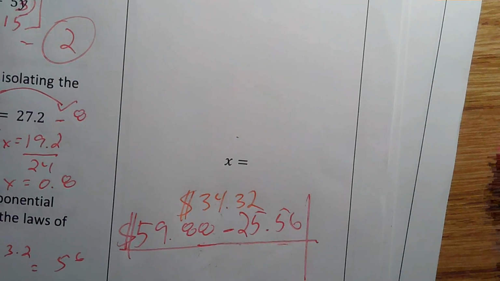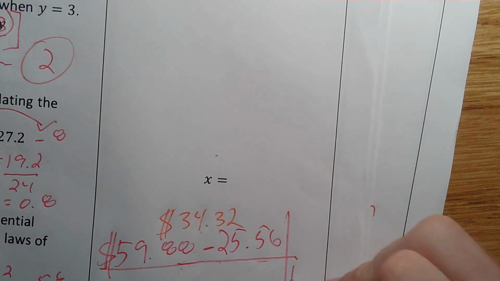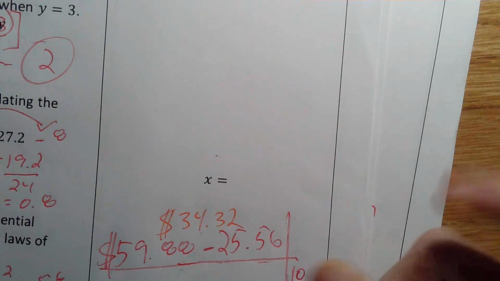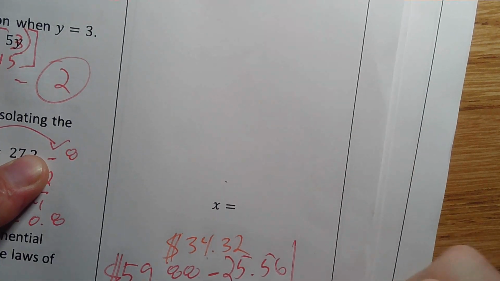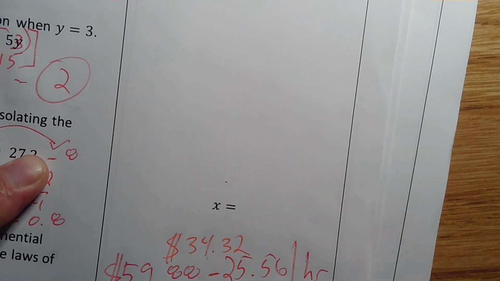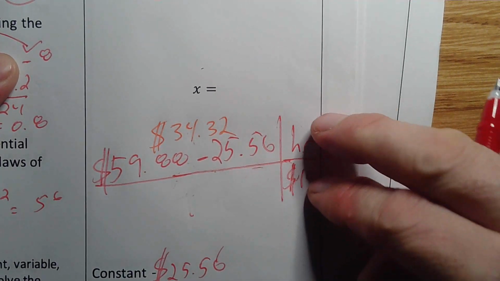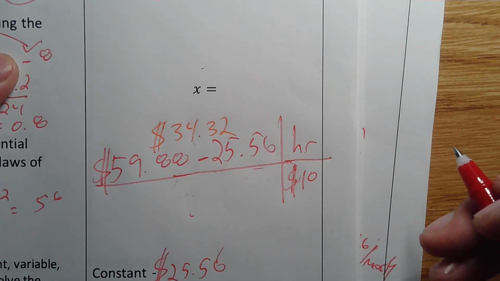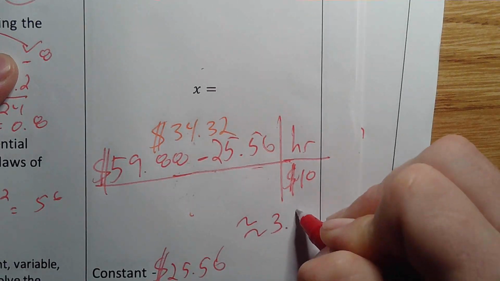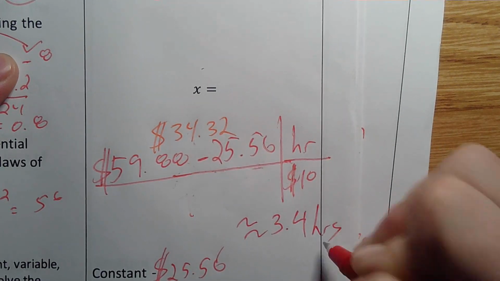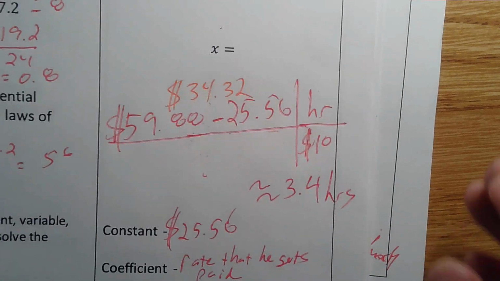All right, so our rate is he gets paid $10 per hour. So the units get flopped. That leaves us with about 3.4 hours. So there you go. That's how you do that one.